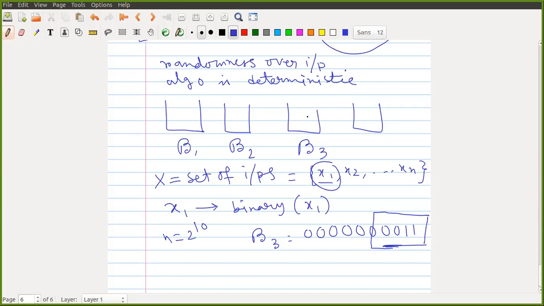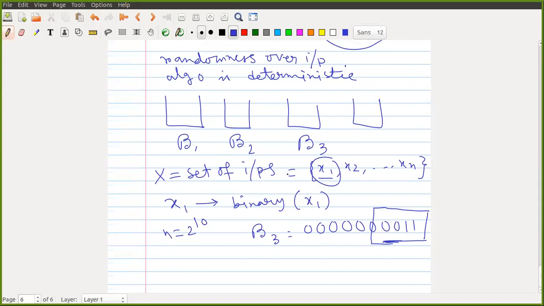How we put these elements into the bucket is immaterial. That depends on implementation, so you may come up with a better way of putting the elements into buckets, and that is perfectly fine. Given this set X, we put them into buckets based on some criteria.